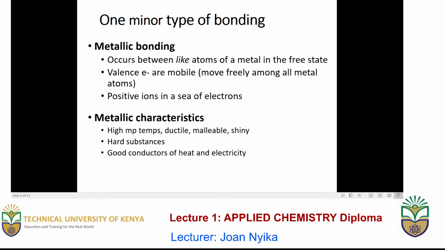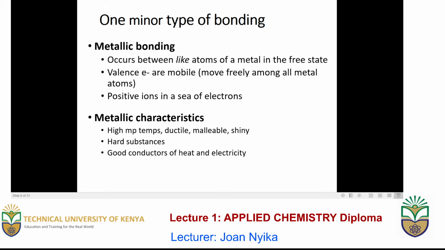The characteristics of such metals and such metallic bonding is that they have high melting points and high temperatures. They are ductile, they are malleable, and they are shiny.